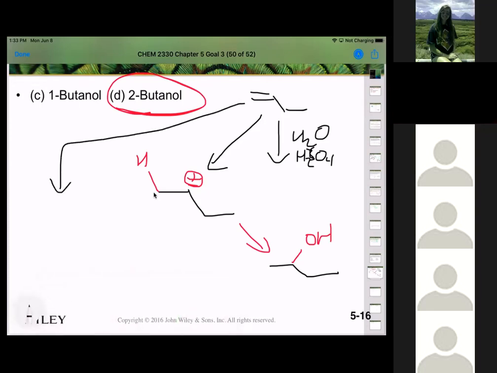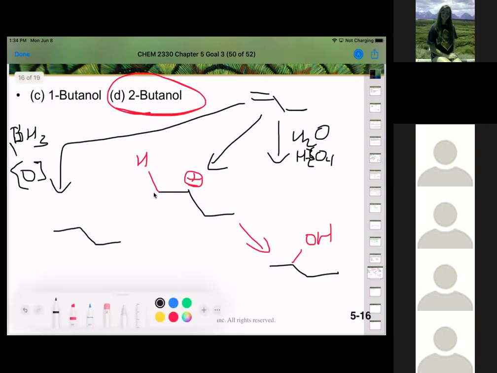If we used the borane reagent first, and then oxidized it off using some kind of oxidizing agent, the first part of the product would be a hydrogen here and a boron with 2 hydrogens here.